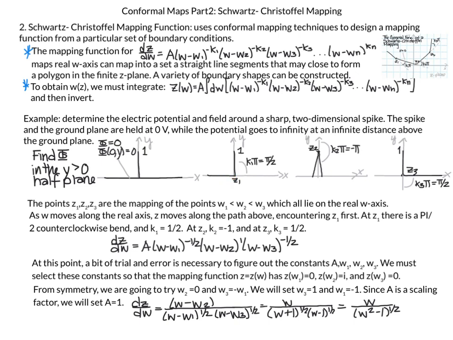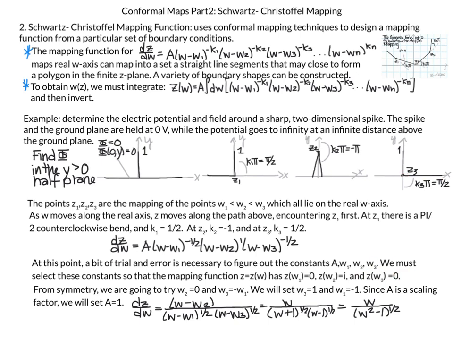And actually here, we're at 0. So Z of w1 needs to be equal to 0. At Z of w2, that's when we hit our next point. At this point, we're at i along the imaginary axis. So let's choose i. And then when we come back down at z3, we're going to be back down on the real axis at z equals 0.